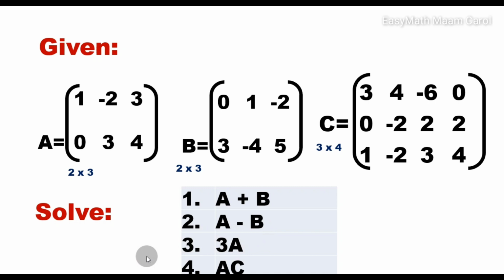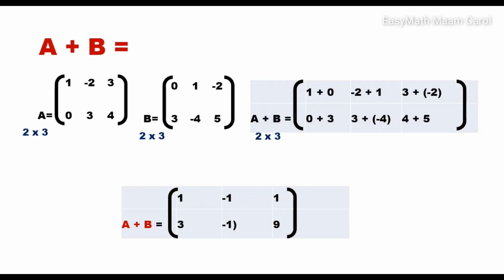Tapos, para dun sa number 3, imumultiply natin yung matrix A ng scalar number 3. So, 3 times A, ibig sabihin nun. And then, finally, dun sa number 4, we are going to multiply matrix A and matrix C.